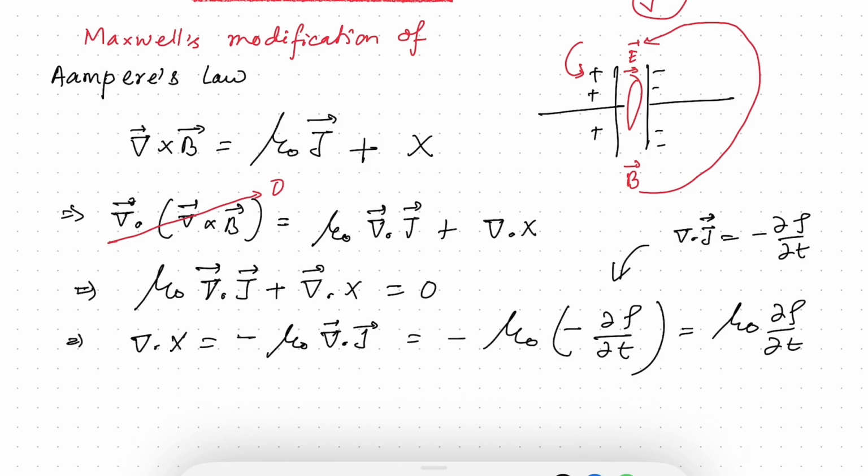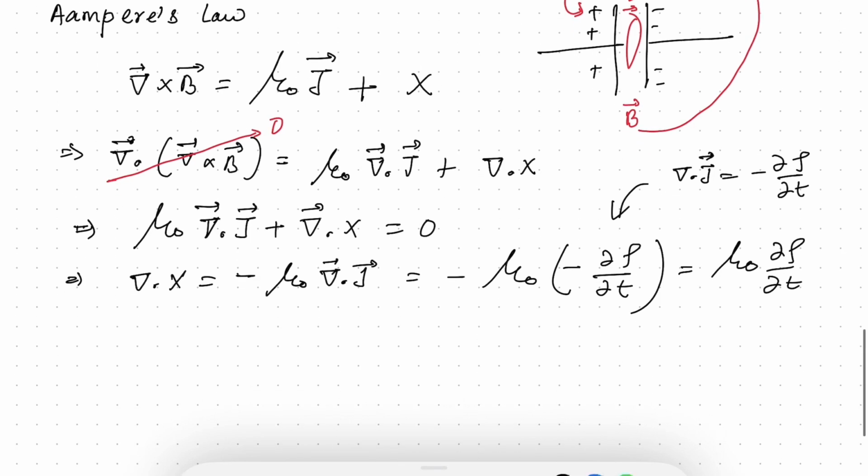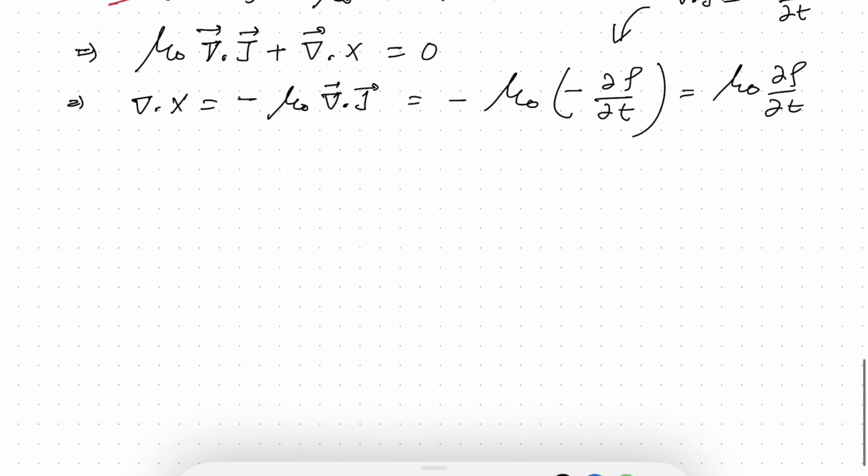Now from Gauss law, the differential form of Gauss law, divergence of E is rho by epsilon naught.